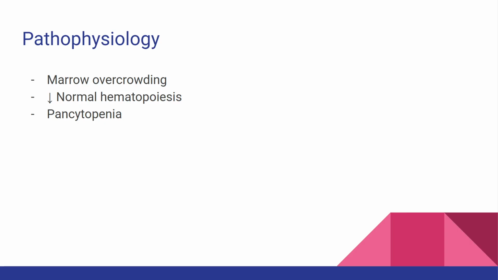But it makes sense, right? If your bone marrow where everything is created is being overcrowded, then normal hematopoiesis is going to go down. So keep in mind pancytopenia does exist in AML, but for some reason on the questions it's not always like that.